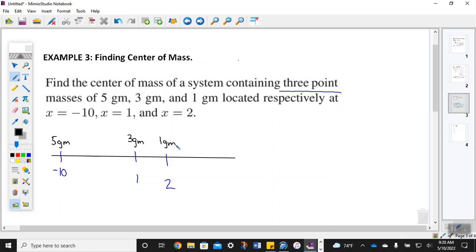Anytime you're dealing with points, I like to call it center of mass for endpoints here.